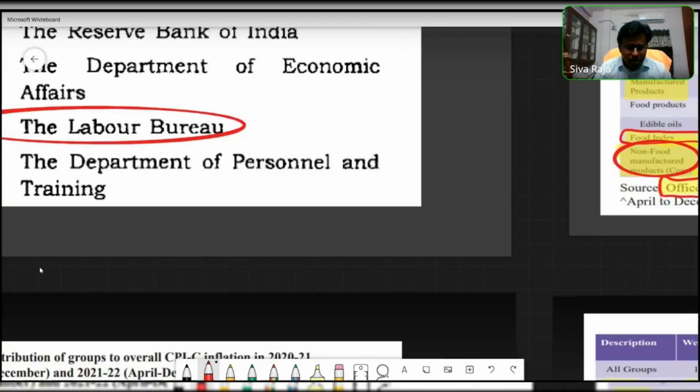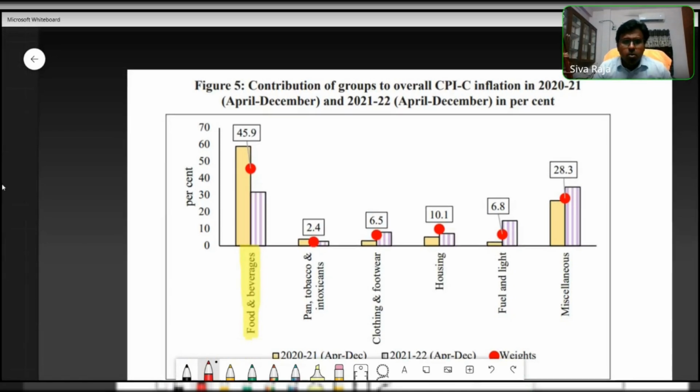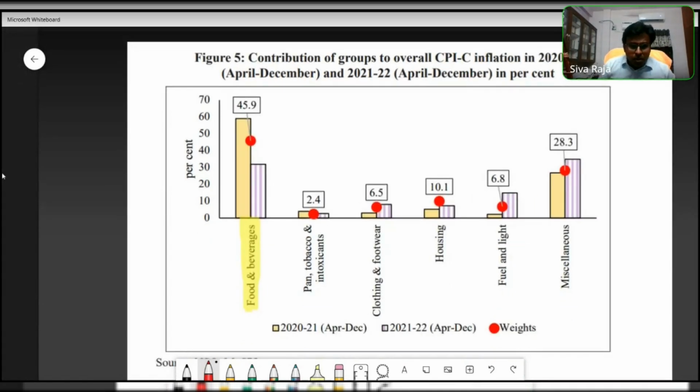Next is the consumer price index. So look at this. There is wholesale price index. In consumer price index, what are the components? Note it down. See, I told you first itself, separately, what is WPI, what is CPI. Under that, please note it down.